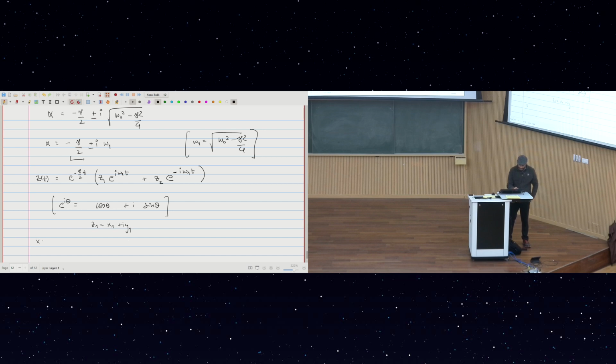And we want x, which is the real part of z, which in a general sense will come out to be that e to the minus gamma by 2 t will always be there, and then we have some constant. Now this constant is obtained by multiplying x1 with cos theta, and then you have y1 being multiplied by sin theta and so on. So many terms will be there.